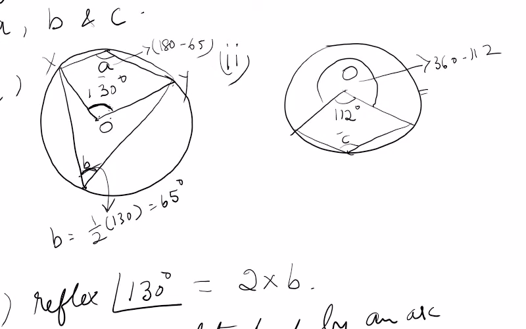So, it will become 248 degrees. So once you know this is 248, again C will be half of this, because this is the angle subtended by the arc at the center, which will be double the angle in the remaining part. So this angle 248 is 2C, so therefore C is equal to 248 by 2. So you got the answer.